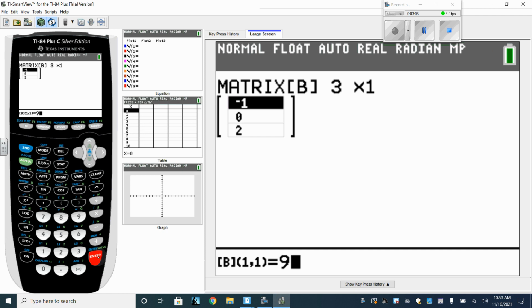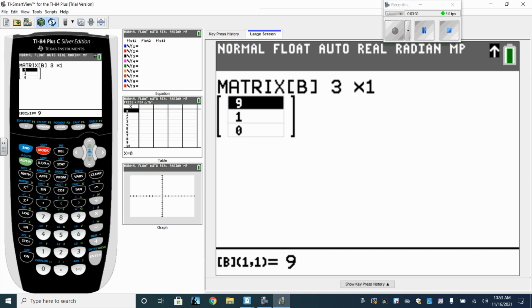Then we would have 9, 1, and 0. And yes, I did type in 0, 1, but that's going to be the same as 1. Mistakenly typed 0 first. Any questions on how we entered the two matrices in?